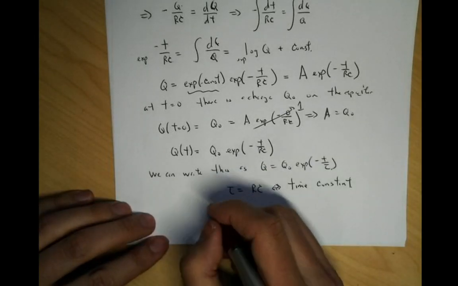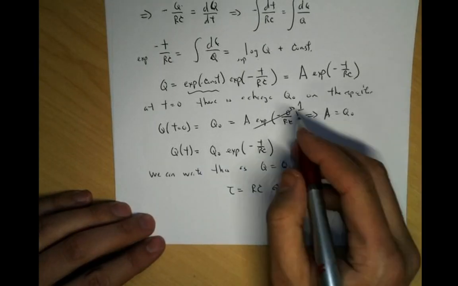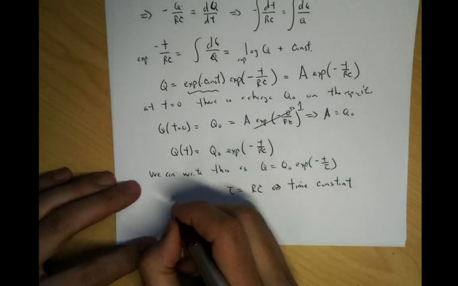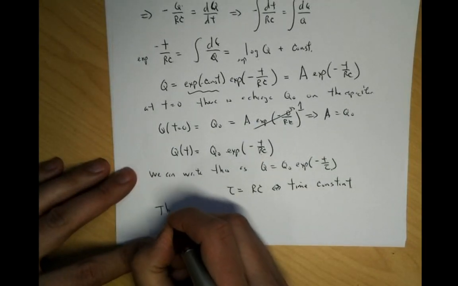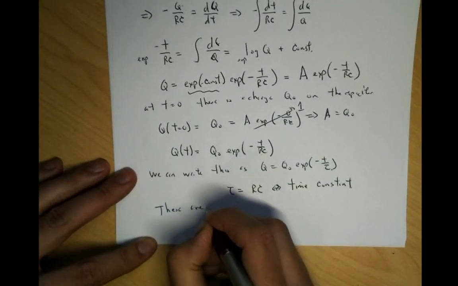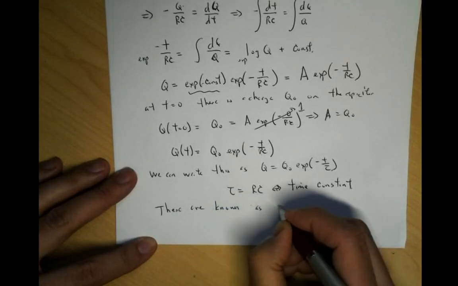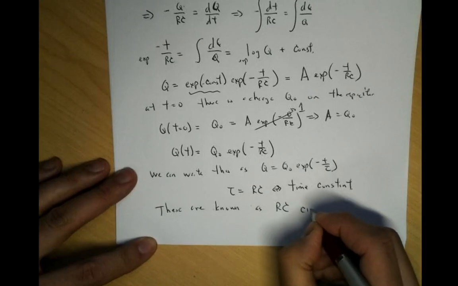Because you have a resistor and capacitor and RC comes in this combination, these are known as RC circuits.